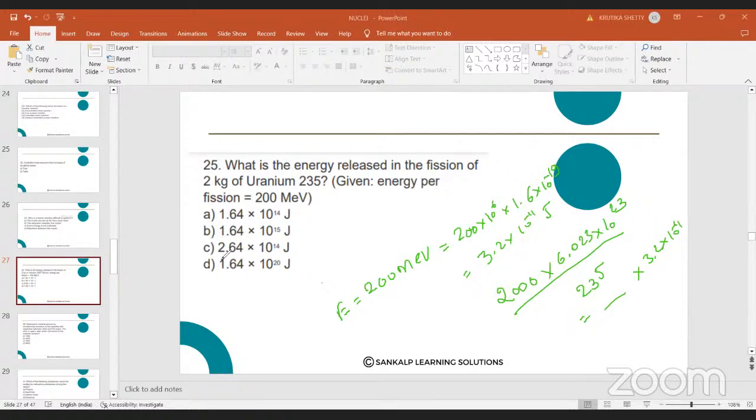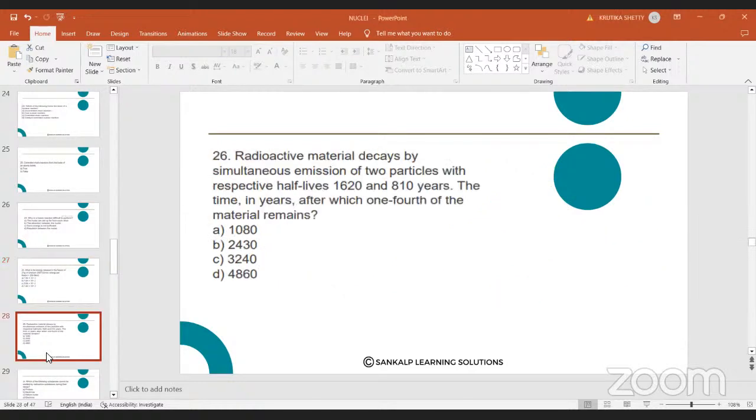So one more last question. After that, previous year questions we will see. A radioactive material decays by simultaneous emission of two particles with respective half-lives 1620 and 810 years. The time in years after which 1/4 of the material remains.